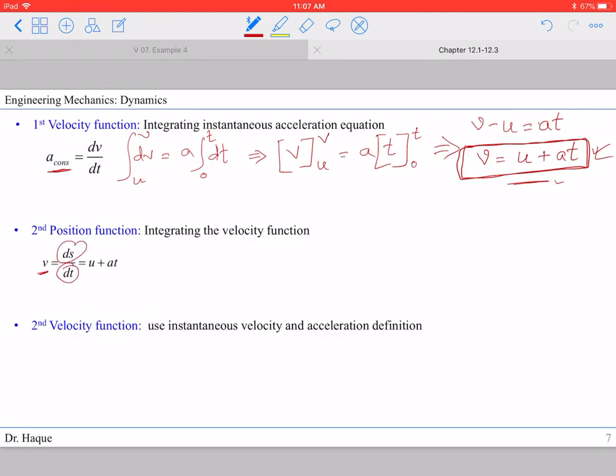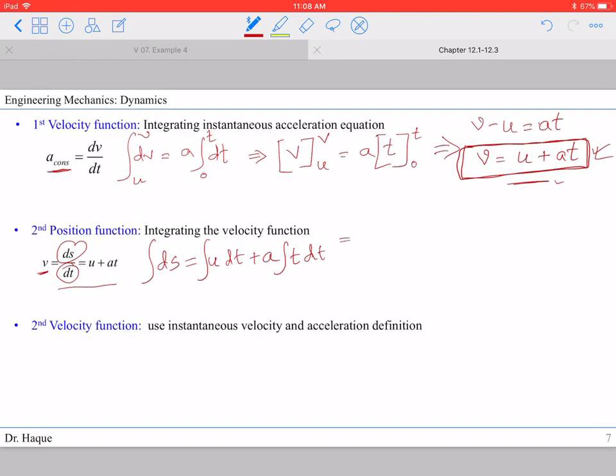So we have now this equation, ds over dt equals to u plus at. So we'll get, for integration, ds equals to u dt plus a is constant, so we'll leave that out, t dt.